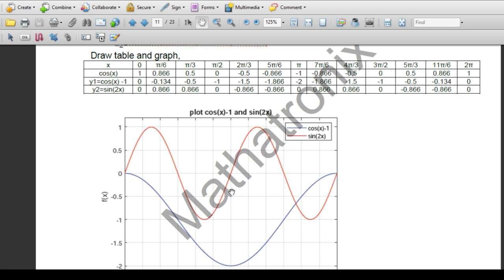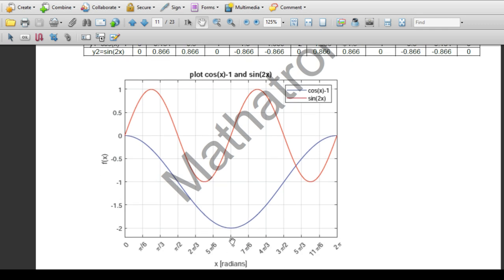So this is symmetric at pi. If we fold this part to this part at this position, it will overlap. If we flip it from the left side to the right, taking this as an axis, we will have the same graph, same pattern.